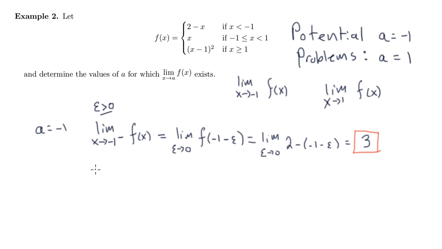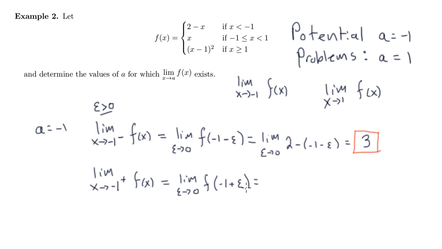Now let's look at the limit as x approaches -1 from the right. And again, if epsilon is just a small positive number, then I just want to take the limit as that small positive number goes to 0 of f of -1 plus epsilon.